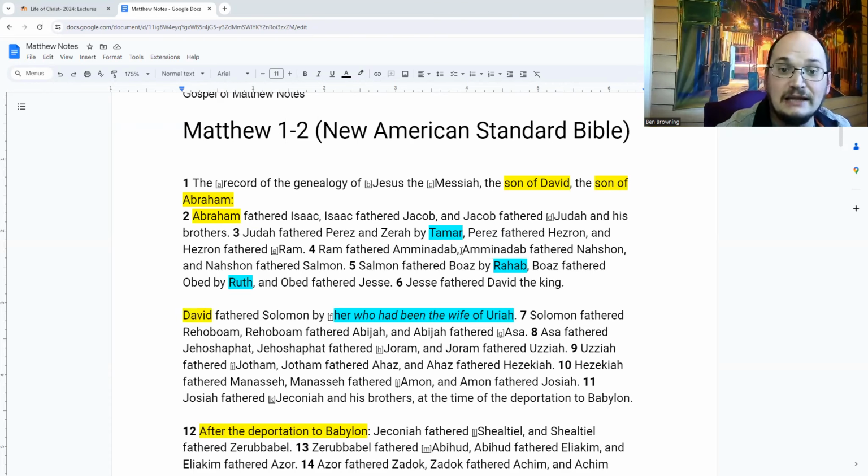So Matthew is most likely writing to a Jewish audience, and he's trying to make the case that Jesus is the Messiah, the anointed one of God. In Greek, the word used is Christos or Christ. So Christos or Christ is just the Greek translation of Messiah, the anointed one.